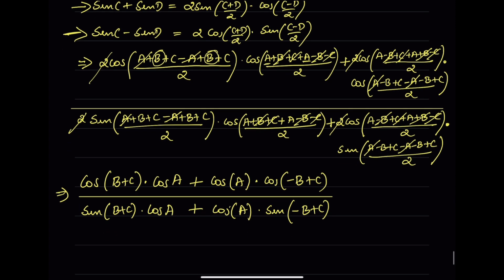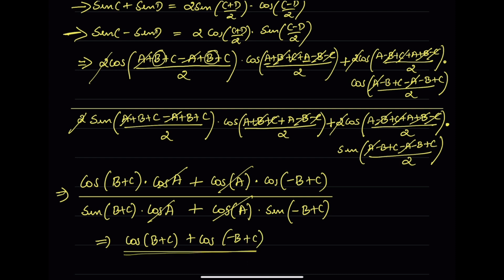Now, how can we simplify this further? We can cancel out all the cos A values because they exist in all four terms. So let's rewrite this as cos of (B plus C) plus cos of (minus B plus C), divided by sine of (B plus C) plus sine of (minus B plus C).